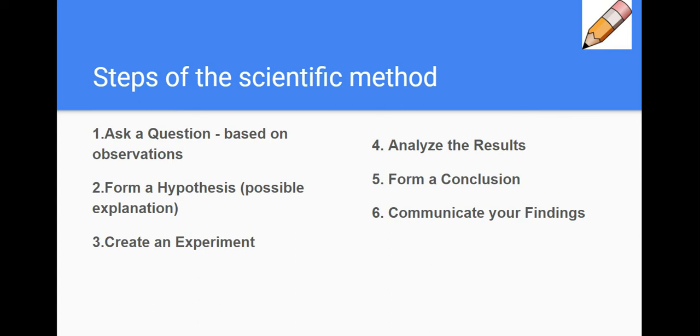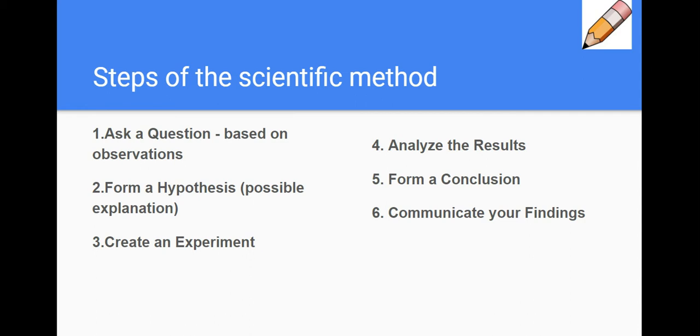So what are the steps of the scientific method? Again, this should be a review for you, but if it's not, I'm going to go into depth in each one. So number 1, ask a question based on observations. Let's say I go outside, I look at the trees, I say, why are the leaves on the tree green? That's my question.